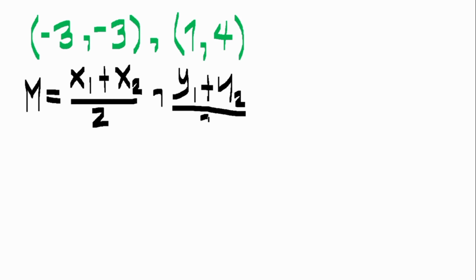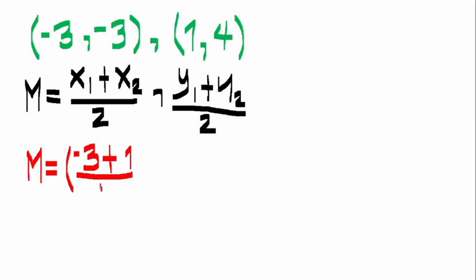So first, let's substitute the following x and y values. So we have x sub 1 is negative 3, then x sub 2 is 1, then divide by 2, then y sub 1 is negative 3, then y sub 2 is positive 4, then divide by 2.